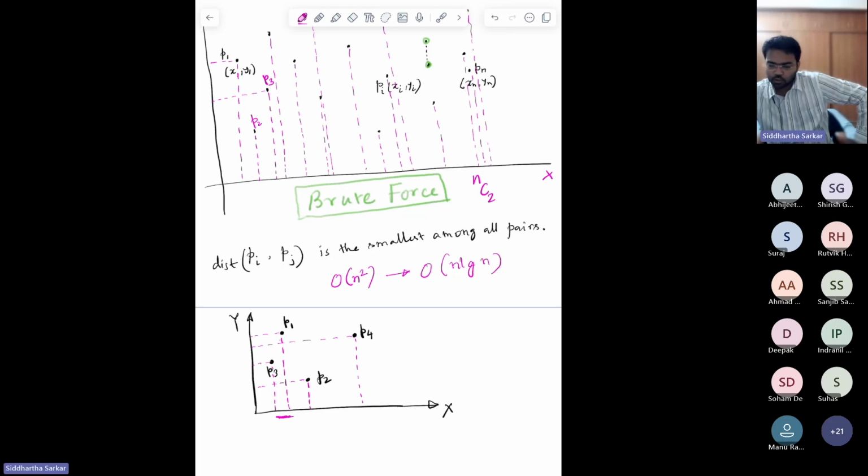I wanted to show you a figure where the closest pair of points is not captured either in the x direction or in the y direction. If you draw projections and see that projection-wise these two points are closest in the x direction, and these two points are closest in the y direction, and you output one of the two with some logic, then you will fail. That's what I want to prove.